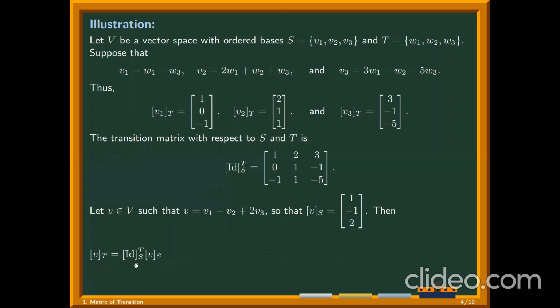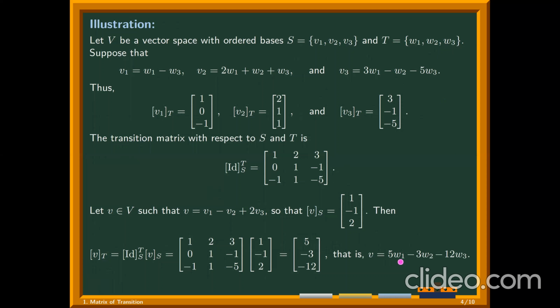So we just apply this matrix to the coordinate vector of V with respect to S. You can check that the result is the vector with entries 5, -3, -12. So this is the coordinate vector of V with respect to T. In other words, as a linear combination of elements from T, V is 5W1 plus -3 times W2 plus -12 times W3.